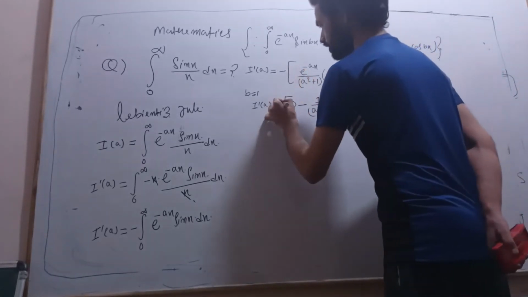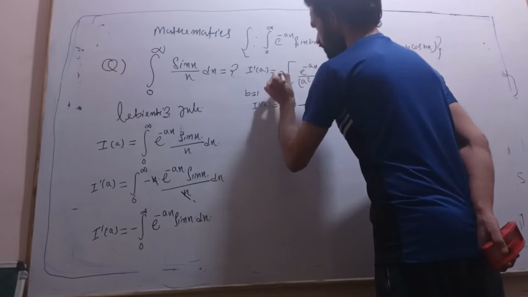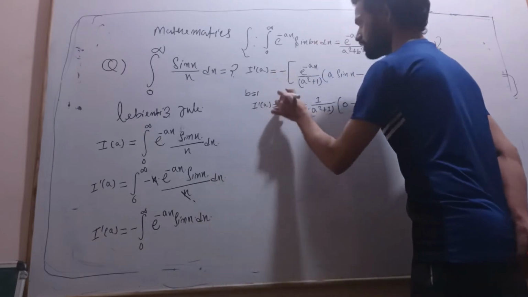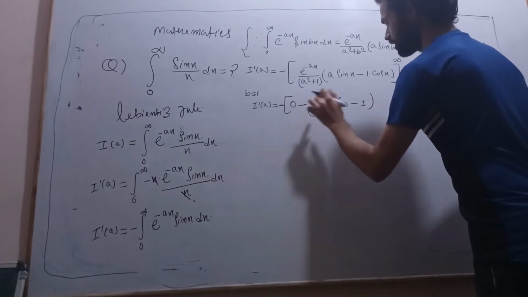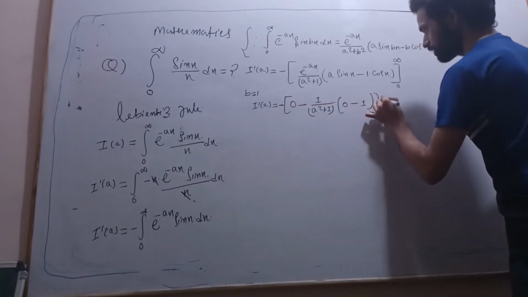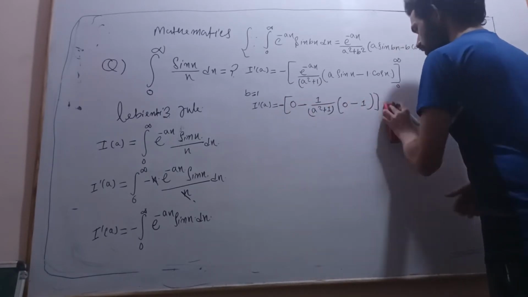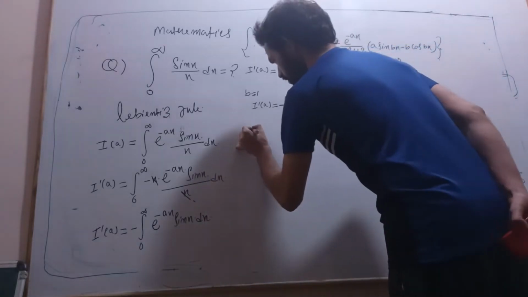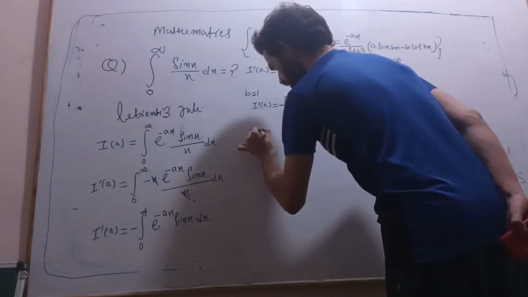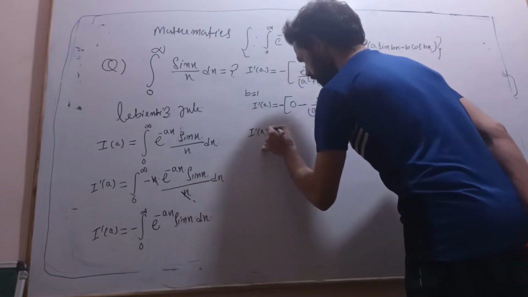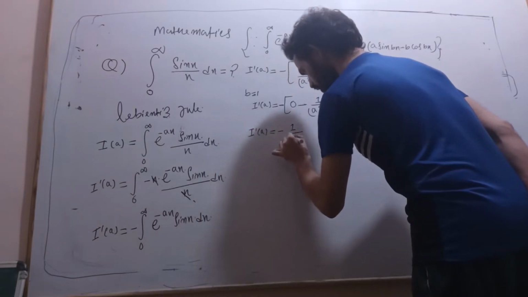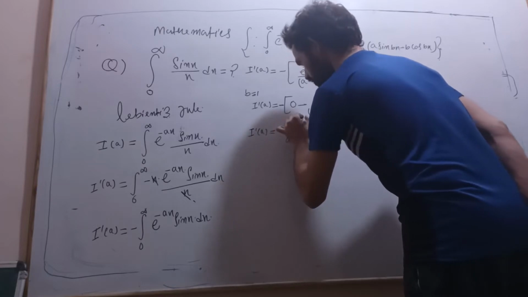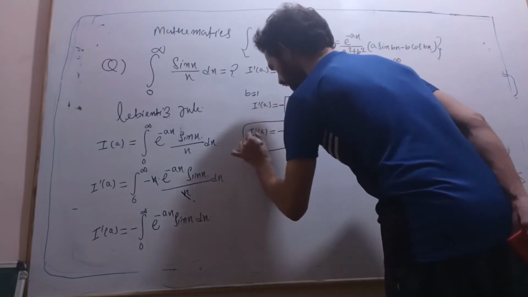The negative sign remains here, and the other negatives as well: 1, 2, 3. So the overall result is negative. So I dash of a is equal to minus 1 by a square plus 1. This is my value of I dash of a.